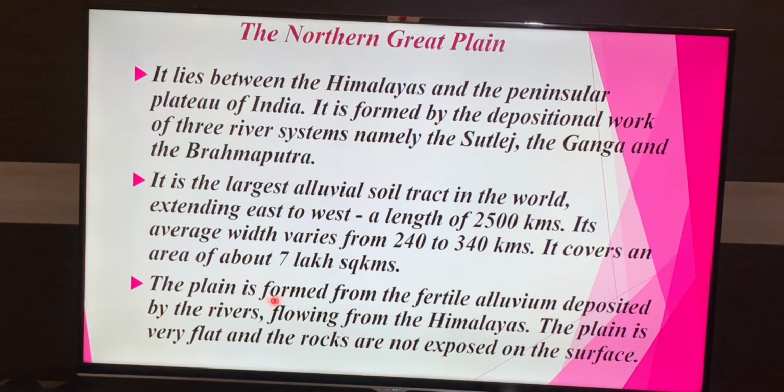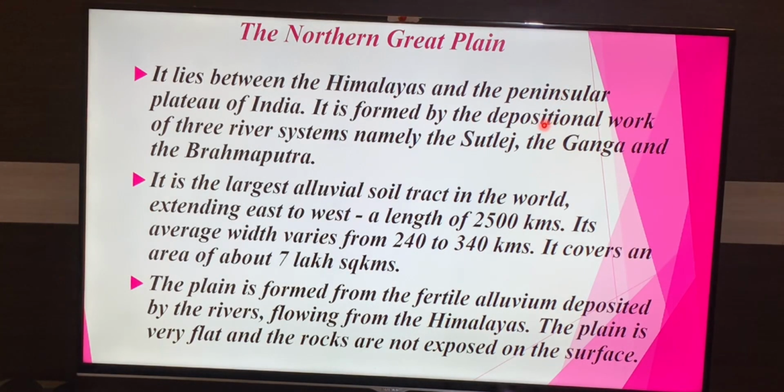The plain is formed from the fertile alluvium deposited by the rivers flowing from the Himalayas. The plain is very flat and the rocks are not exposed on the surface. Northern Great Plain lies between the Himalaya and Peninsula Plateau.